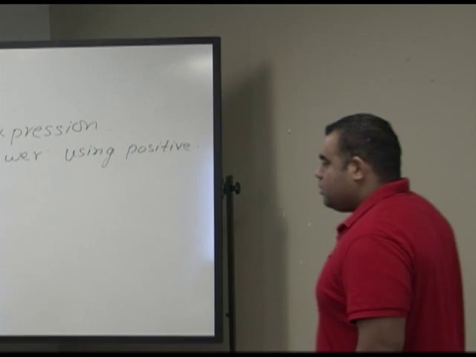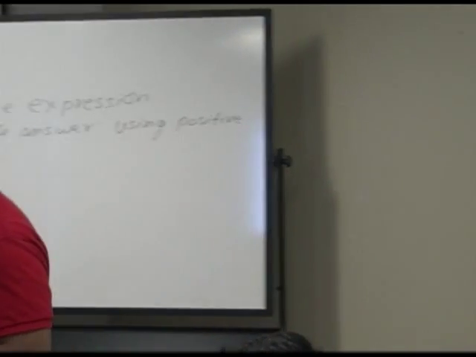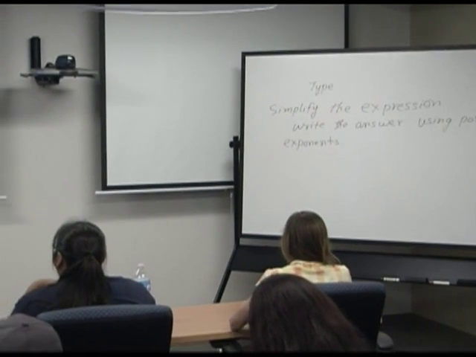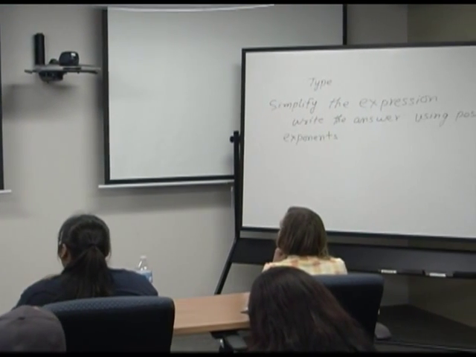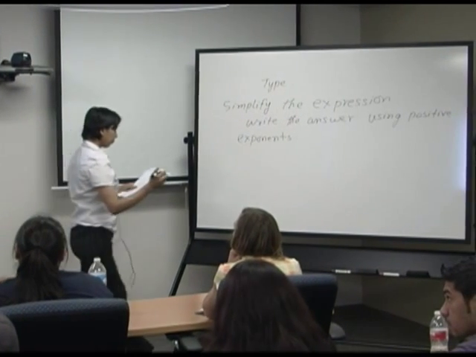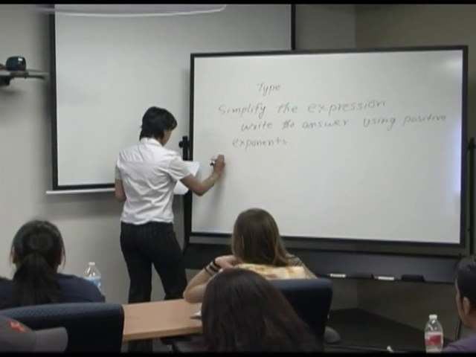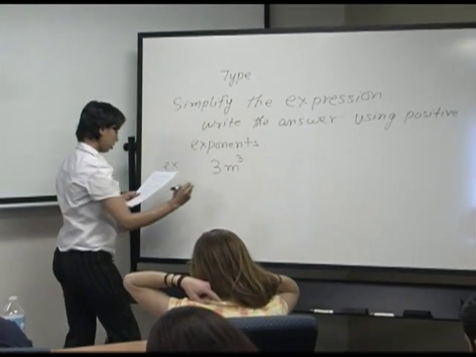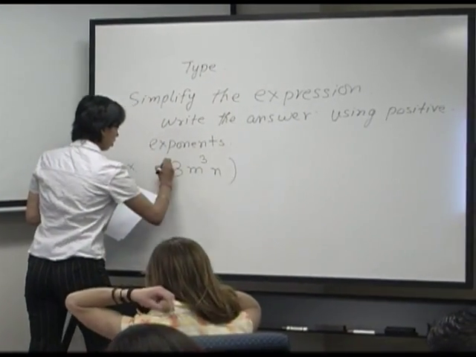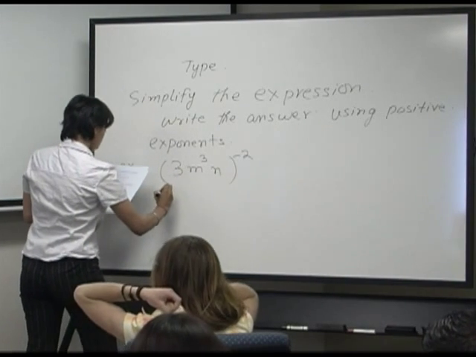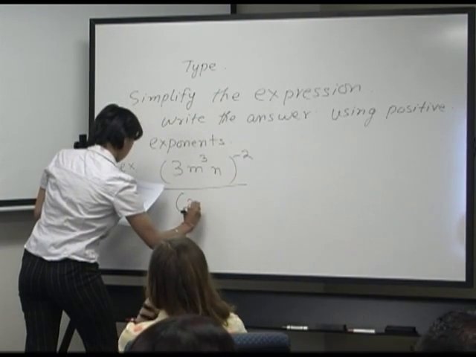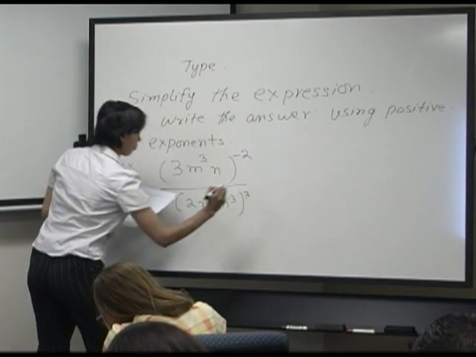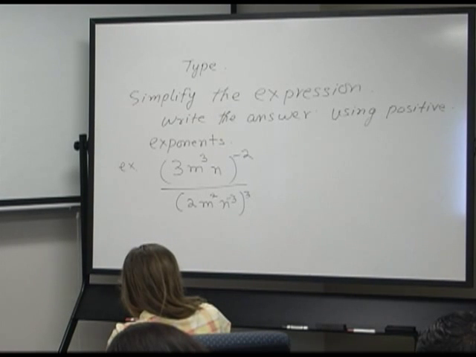Even you can sit here, whatever you like to. All right, the first example is 3m cubed n to the negative 2, over 2m squared n, all to the third power.